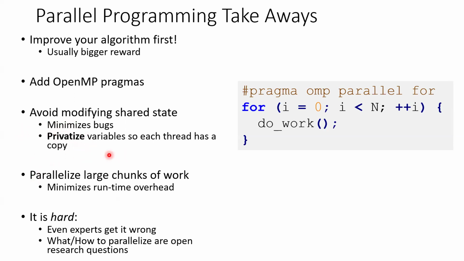Make things private, so each thread has its own copy and they don't interfere with each other. Parallelize large chunks of work, because there are overheads in making threads, so only parallelize those that are really large. And multi-threading is hard, and many researchers work just to make multi-threading work on some problems.